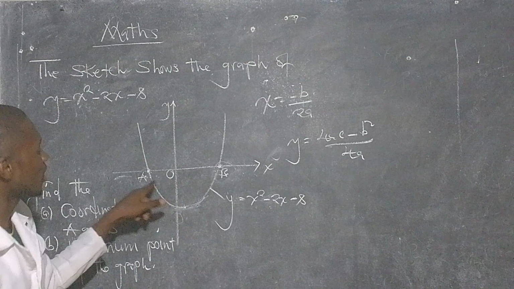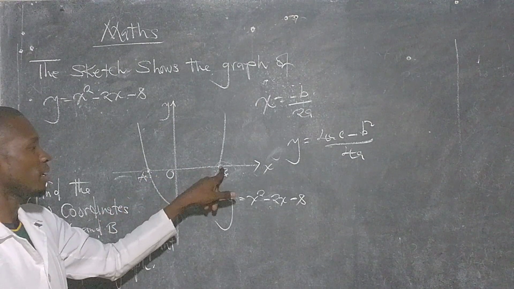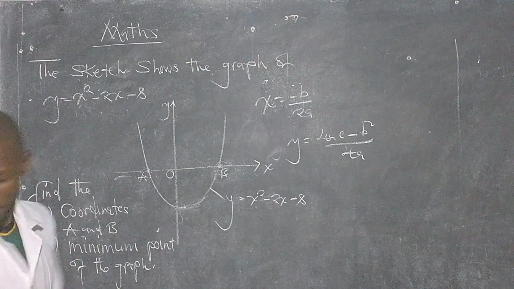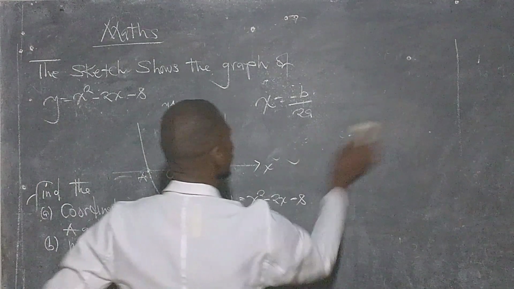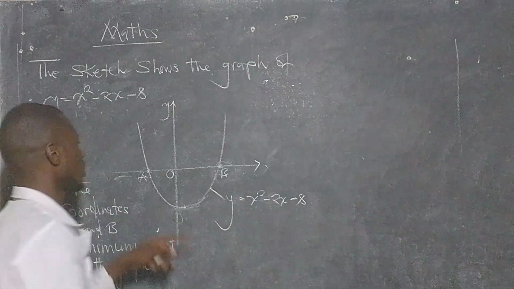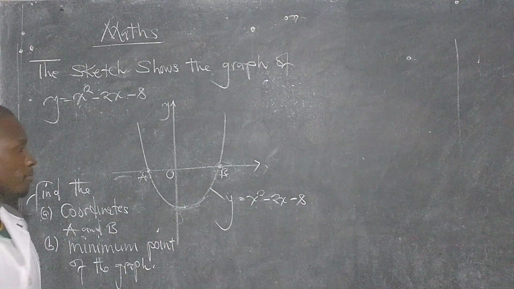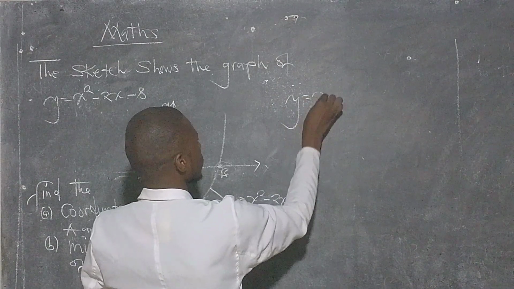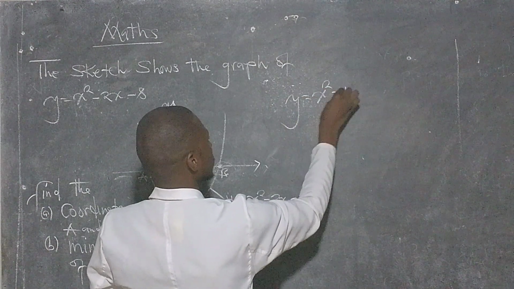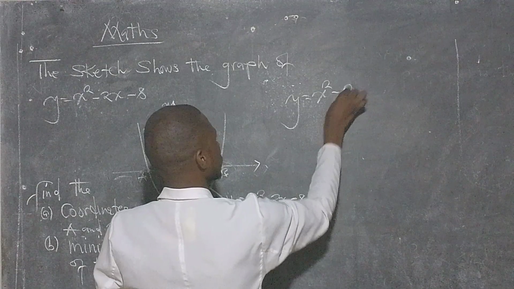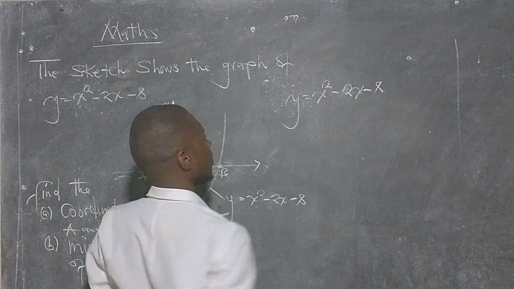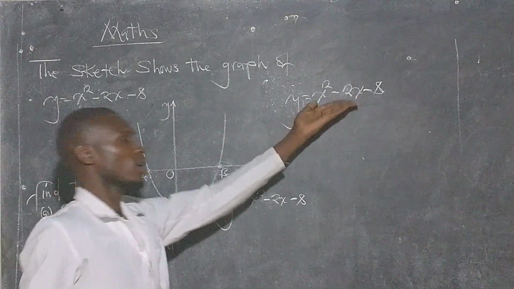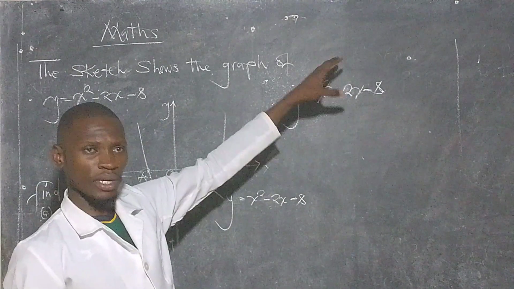So for us to find the value for A and the value for B, which are representing the intercepts, we need to understand the formula which we are going to use. There are two ways we can find the values for A and B. Since we have been given this equation, y is equal to x squared minus 2x minus 8, this is what we call the quadratic equation.